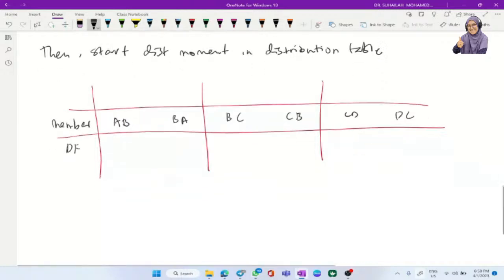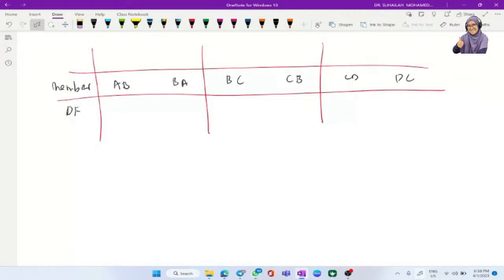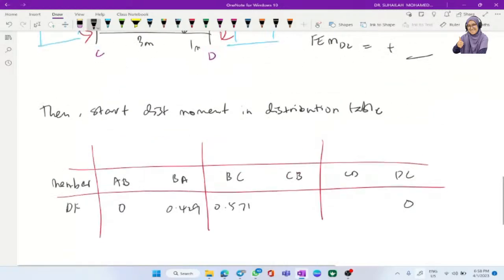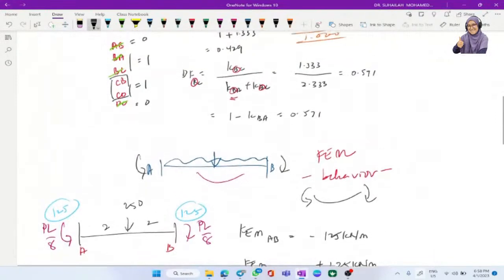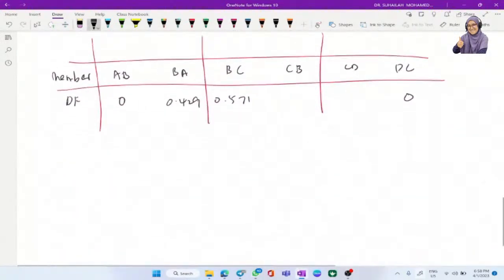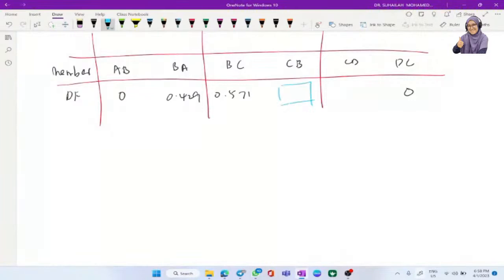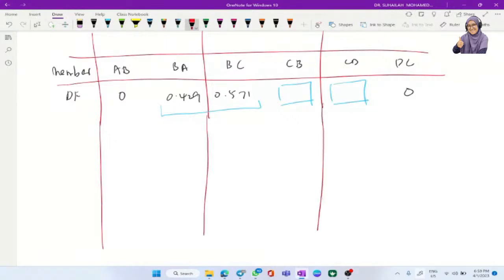Here is 0, here is also 0. We get 0.429 and 0.571. I didn't calculate this value, so please complete it. But remember, the total must be 1.